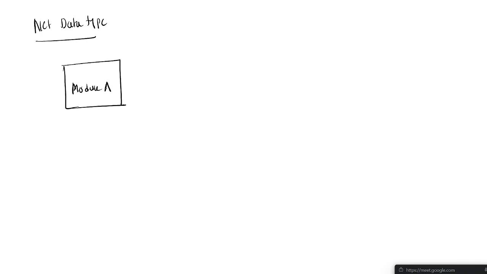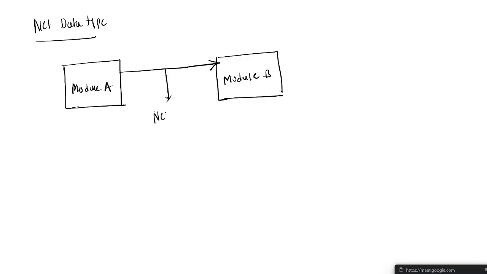Where are you using the net data type? Suppose you have two modules, module A and module B, and I want to connect module A and module B. For this connection I am using the net data type.